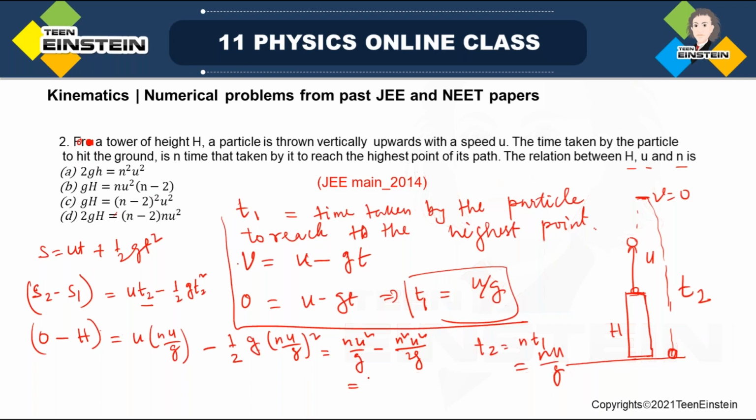Now if we take n u square common, we get 1 by g minus n by 2g. If we further simplify, then we get n u square. Okay, I'll just remove this part now and write the final answer.